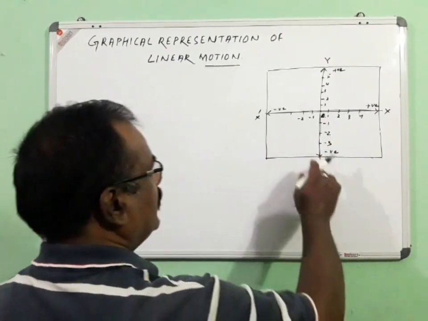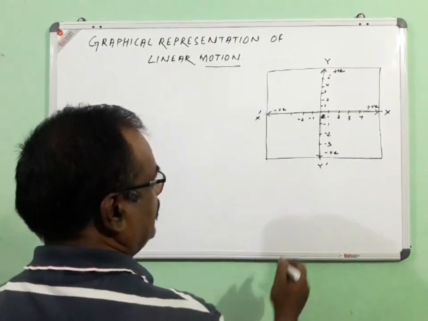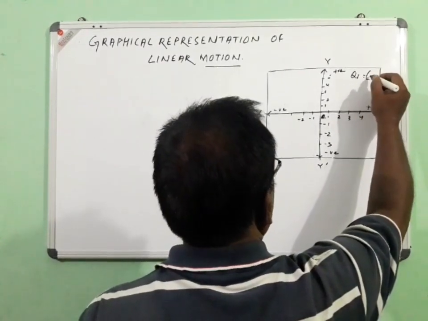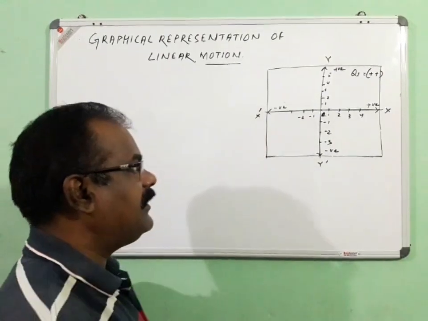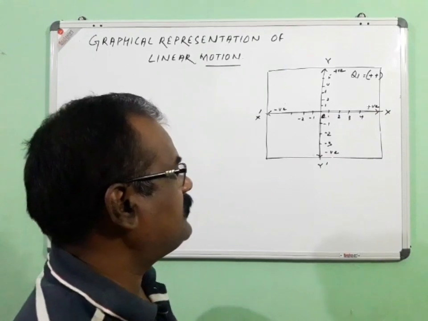Therefore, the entire plane is divided into four quadrants. The first quadrant is positive, positive: all real values having positive signs are represented in the first quadrant.